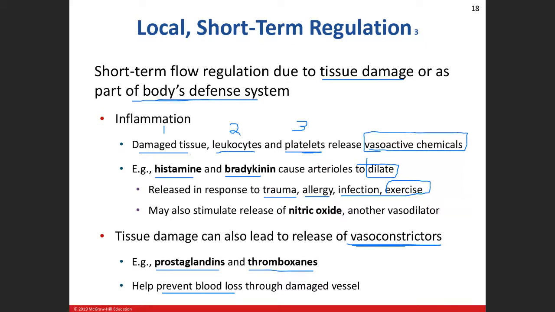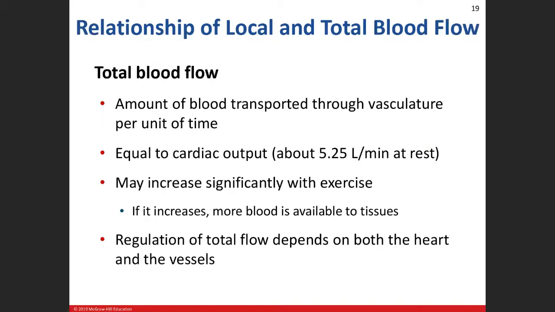Okay, so last part, when we're talking about blood flow, we're going to deal with total blood flow. When I talk about total blood flow, we're talking about all the blood that's circulating throughout the blood vessels in your body. So we talk about the vasculature that includes arteries, capillaries, and veins. An easy number to remember, because you already know this number, is 5.25 liters per minute.